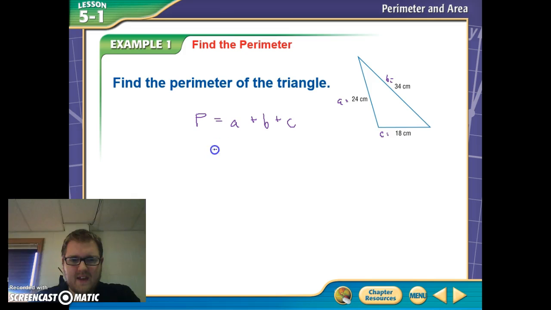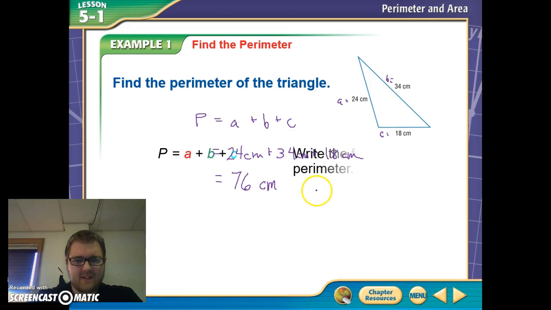And we're just going to say 24 centimeters plus 34 centimeters plus 18 centimeters. And let's see, that's going to be 50, 60 plus 4 is 8. So it looks like about 76 total centimeters if you add that all together.